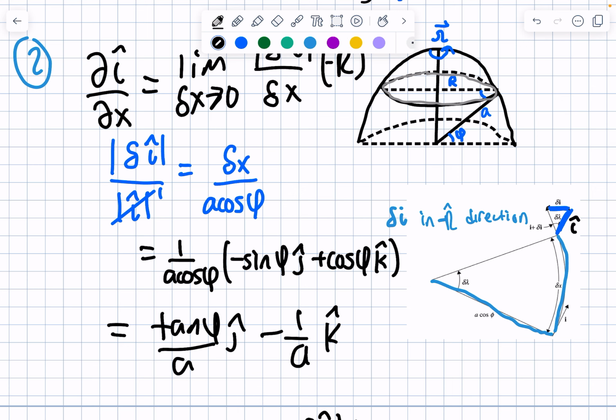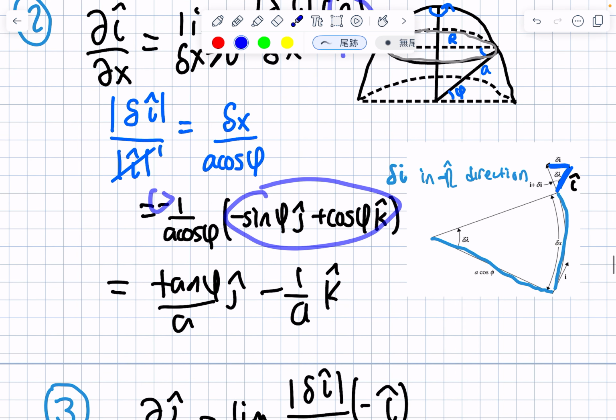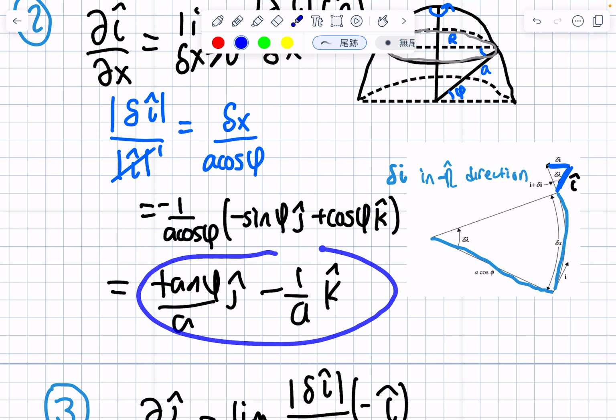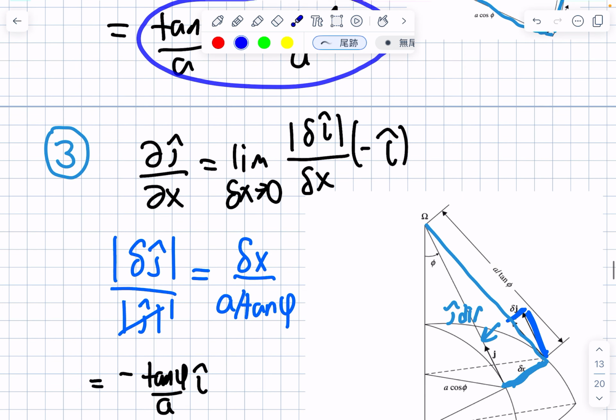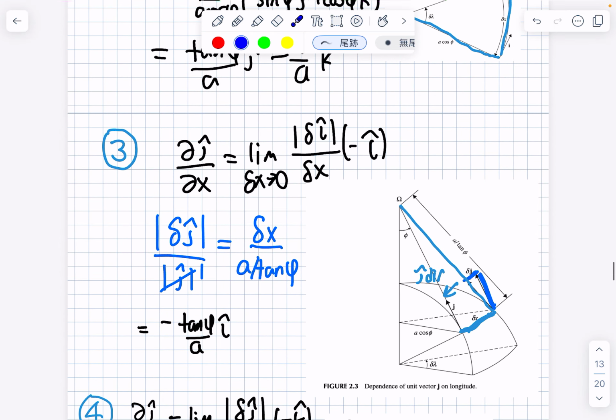This is negative because the negative goes here, r hat goes here, and then we do this multiplication like we did earlier, and we'll get this term right here. Then for d, partial I partial x, we write the similar form. We know that this delta j goes in the positive I direction.